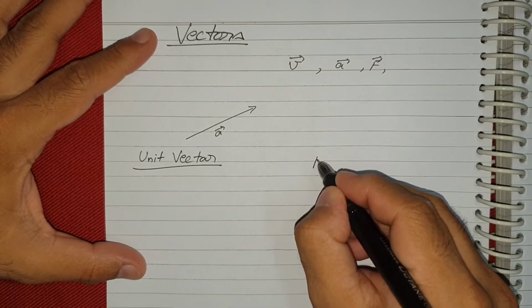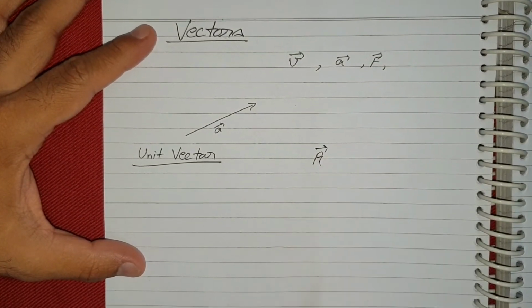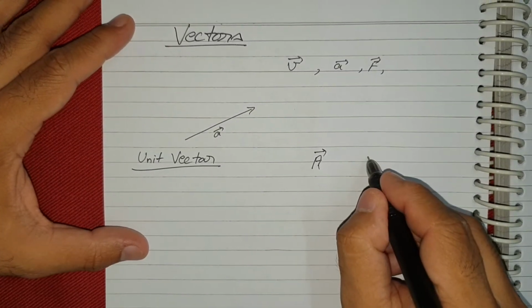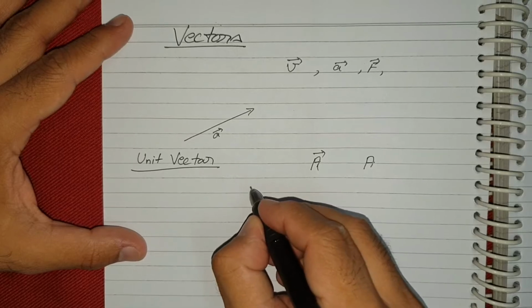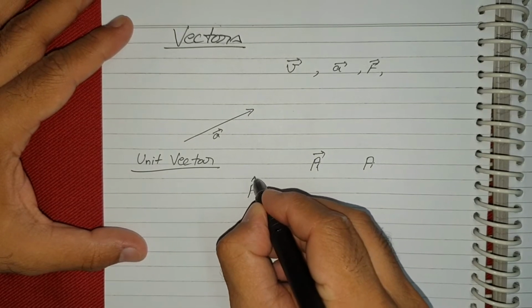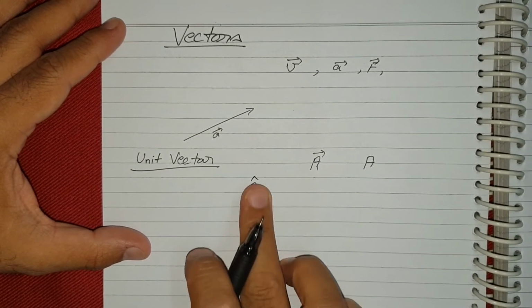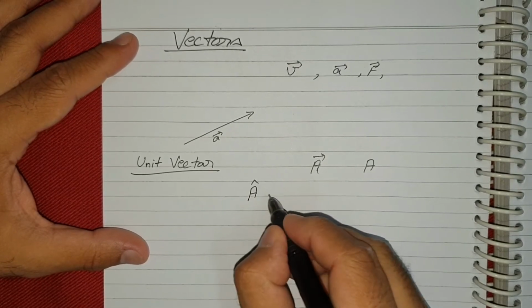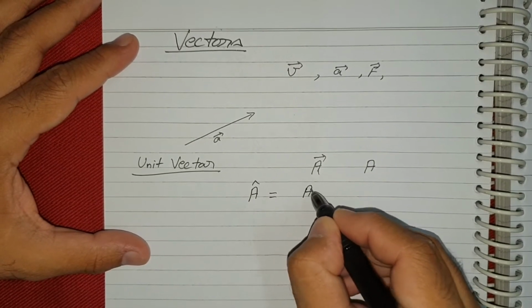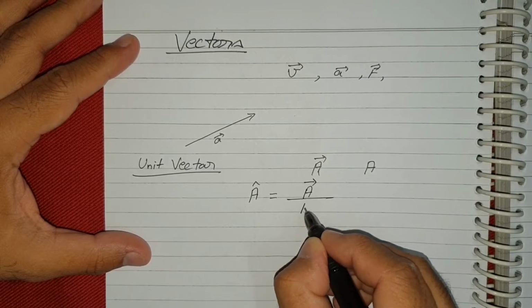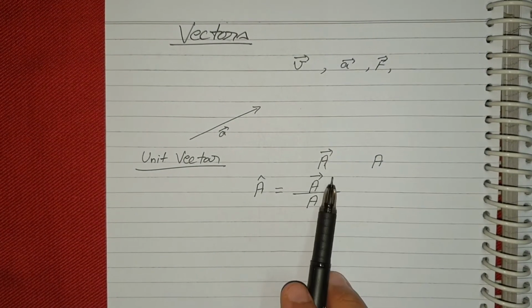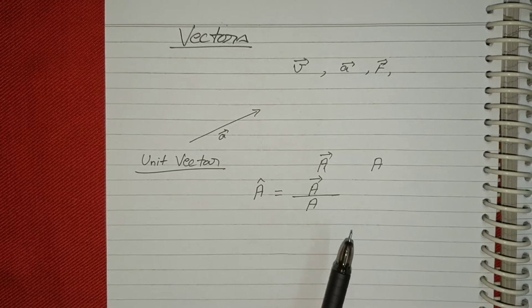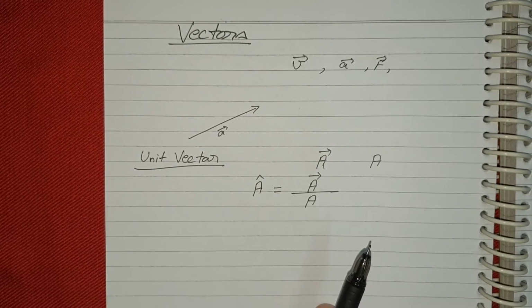Suppose you take vector A. The magnitude of this is represented by A only, and the unit vector of A is represented as A cap. You can obtain this unit vector as a vector divided by its magnitude. So, a unit vector is a vector divided by its magnitude.